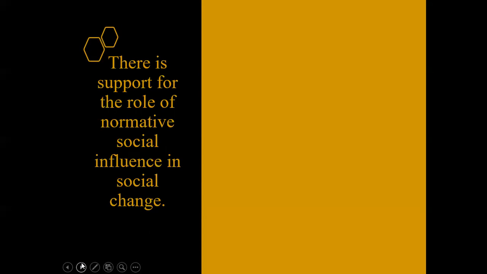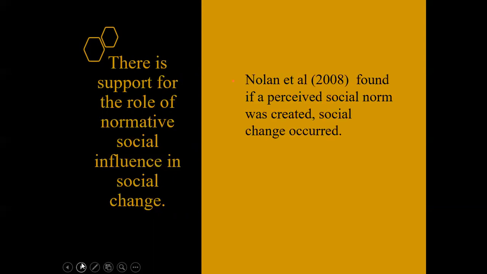It's saying this is how other people behave, that's their norm. How can that then bring about social change? Now, Nolan et al. in 2008, quite a nice recent piece of research, found that if a perceived social norm was created, social change could occur. So a perceived social norm is created.